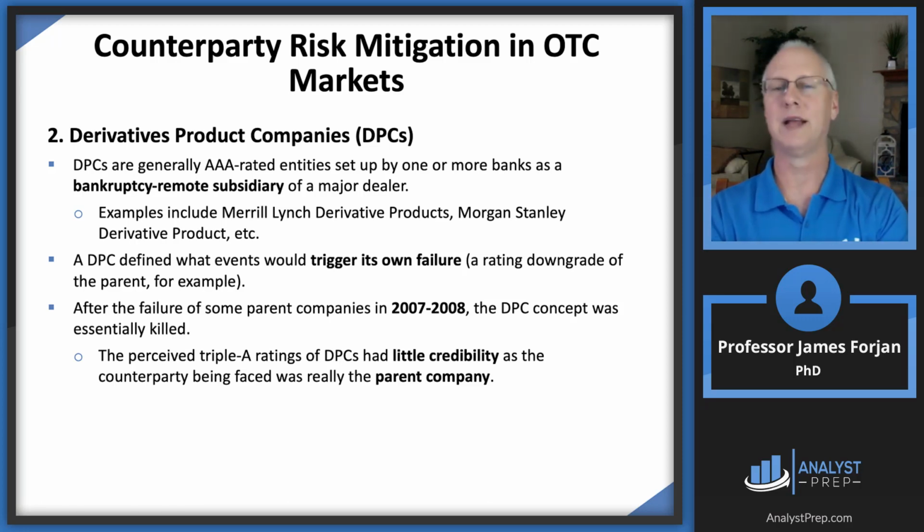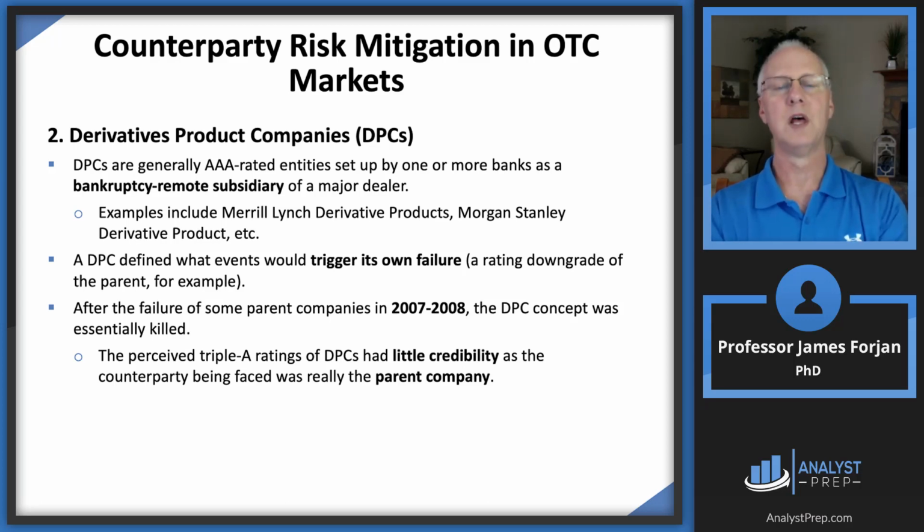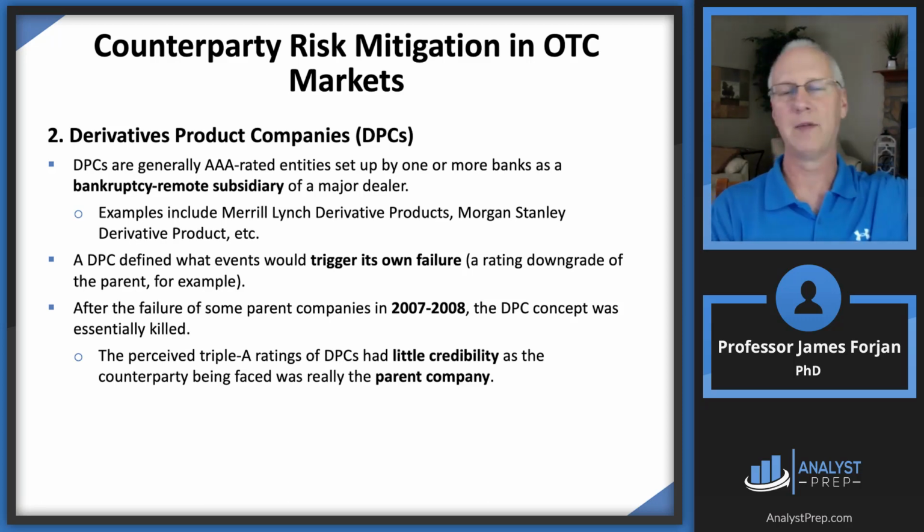So it's a separate entity, so it has a AAA rating. Then, if the DPC is generating all of this cash flow by writing credit default swaps, it's going to continue to solidify its AAA rating. Now, of course, this sounds wonderful, right? The counterparty risk is eliminated. Doesn't matter what happens to the parent, doesn't matter what happens to the DPC.